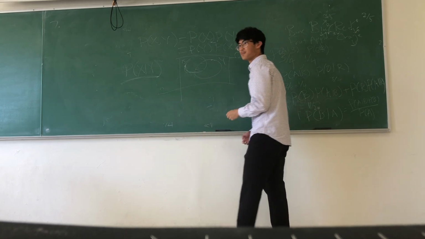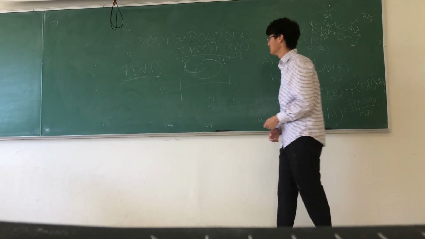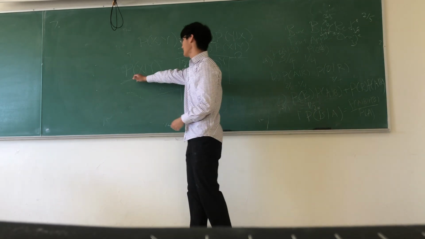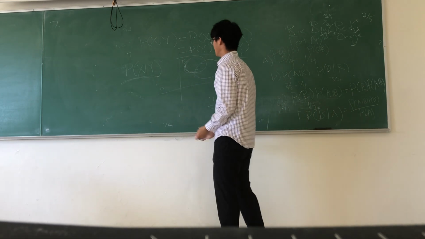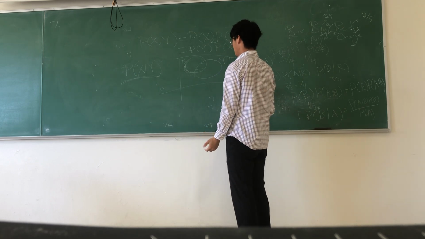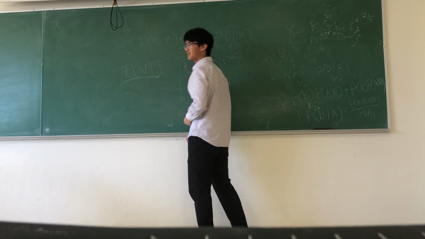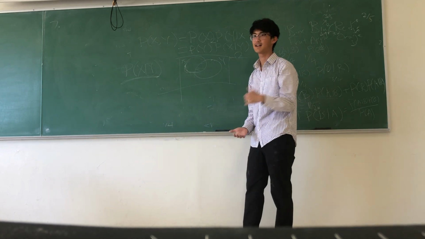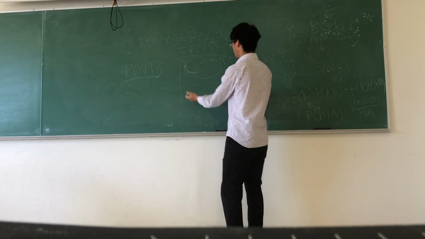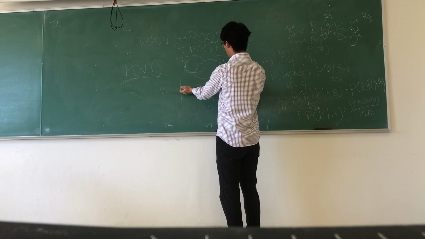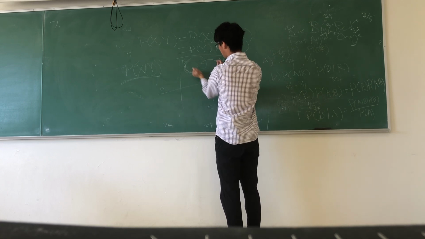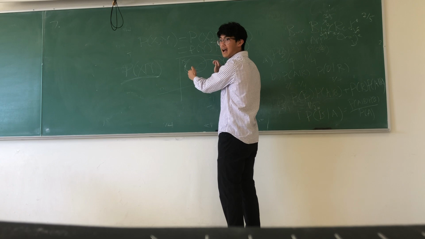So when we ask for the probability of x given y, we're effectively shrinking the universe down to y, because we know y already happened. We are conditioning on y. Instead of considering all of omega, we consider just this constrained universe.